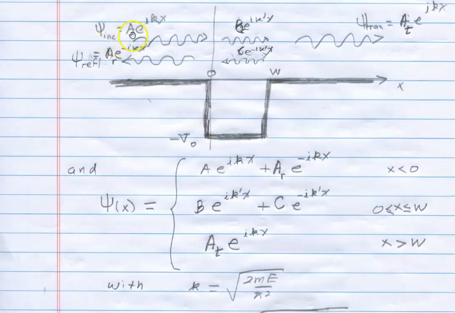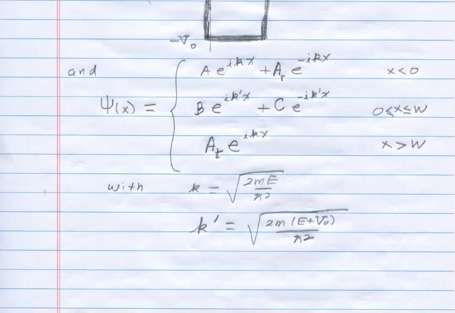We've got an incident wave, a e to the i kx. We've got a reflected wave over in this region, a r e to the minus i kx. In between, we've got a right-going and a left-going wave, and I have a different k prime, and then I get a transmitted portion that has amplitude a t and goes e to the i kx, and the incoming wave over here we've set equal to 0. So graphically it looks something like this, and in terms of our solution, we have it in this form.